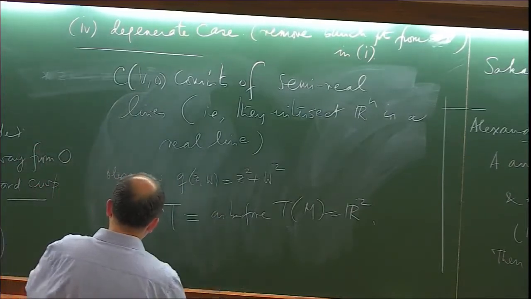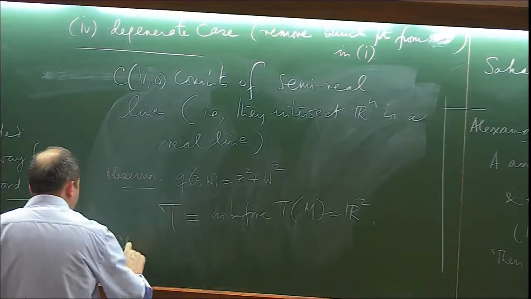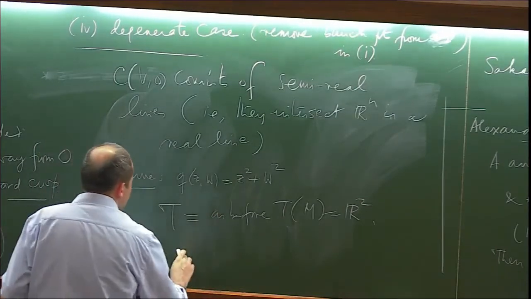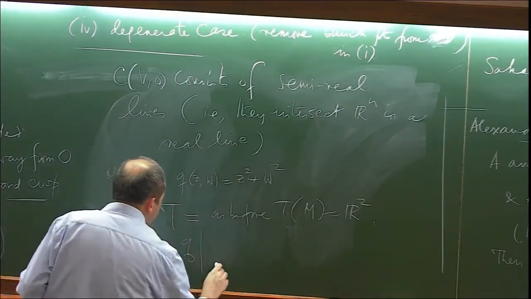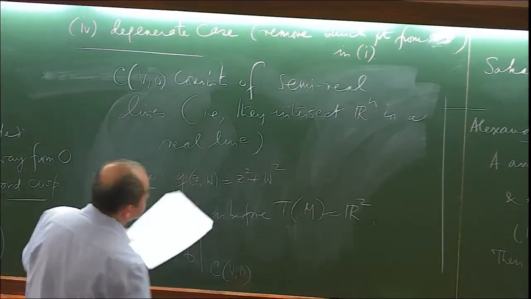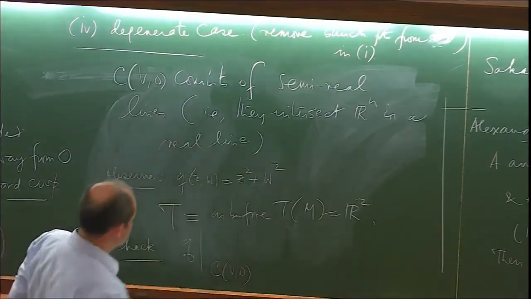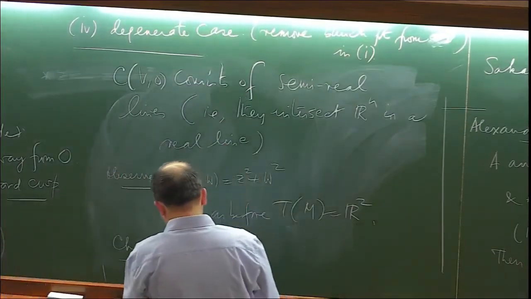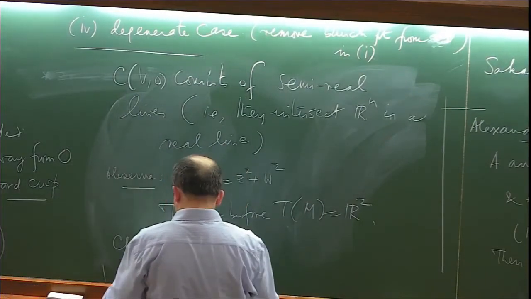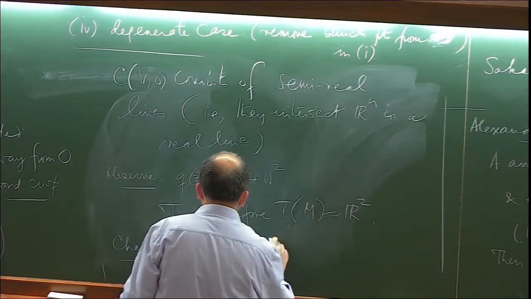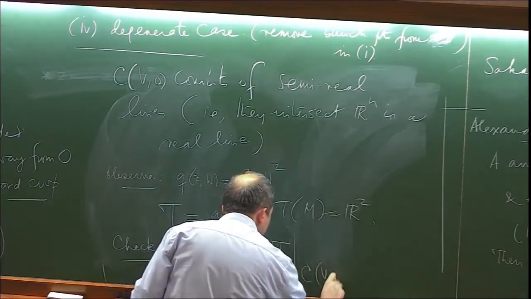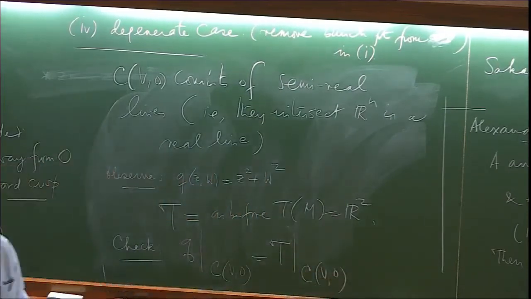So check that Q restricted to the tangent cone, which is semi-real lines, is equal to T restricted to any of the semi-real lines.